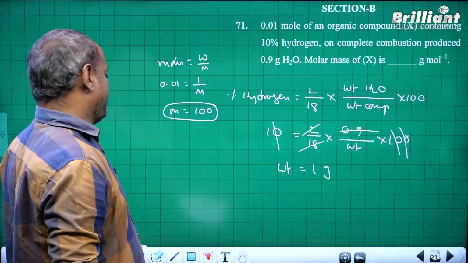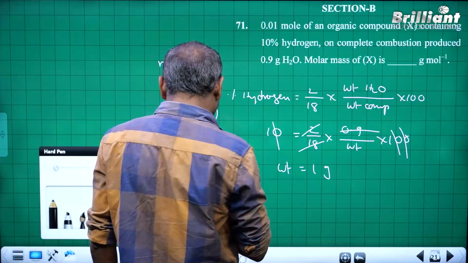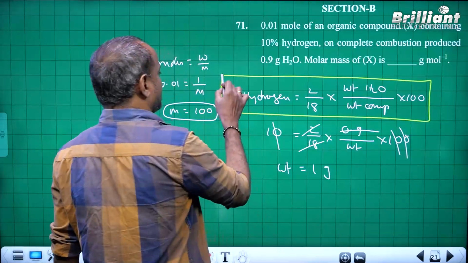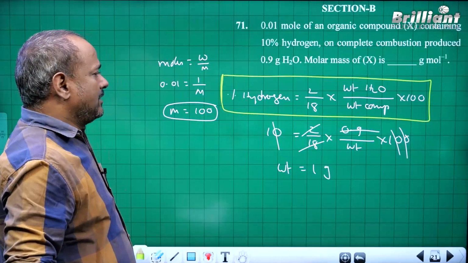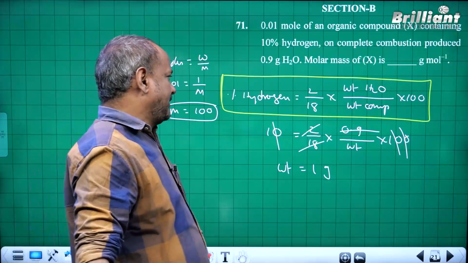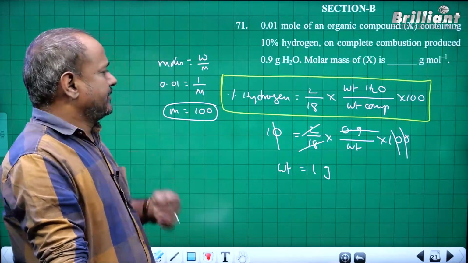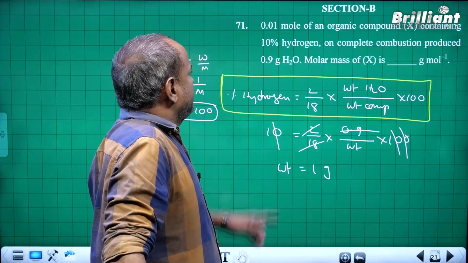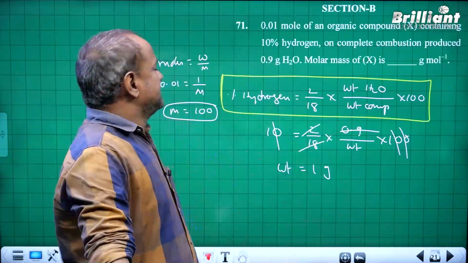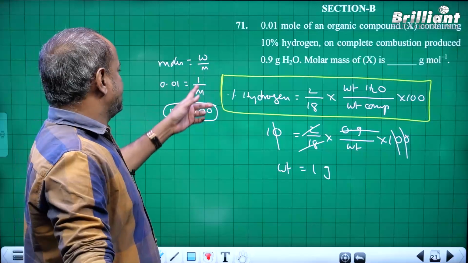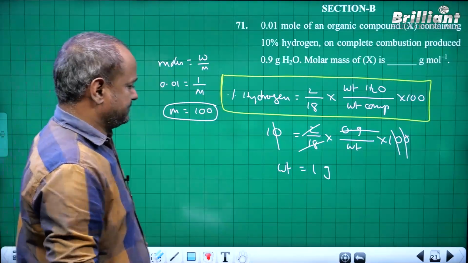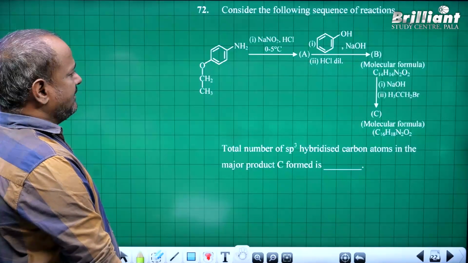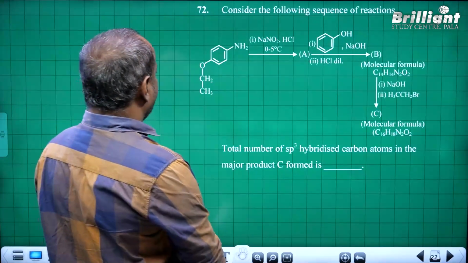So, just substitute in the formula for percentage of hydrogen: 2 by 18 into mass of water by mass of compound into 100, 10% H. So, everything cancels, mass equal to 1 gram. So, moles given, find the molar mass. That is moles equal to mass by molar mass, equal to 100.